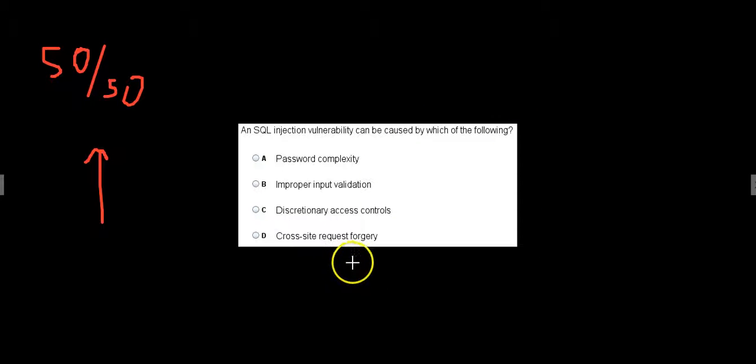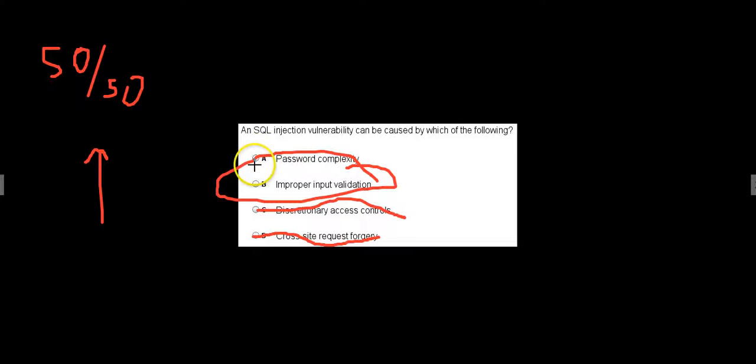Cross-site request forgery? No, it just doesn't sound right. Discretionary access controls? No. Improper input validation? Yeah. Password complexity? No. So we got it down to the 50-50 right here, and I'm going with B.